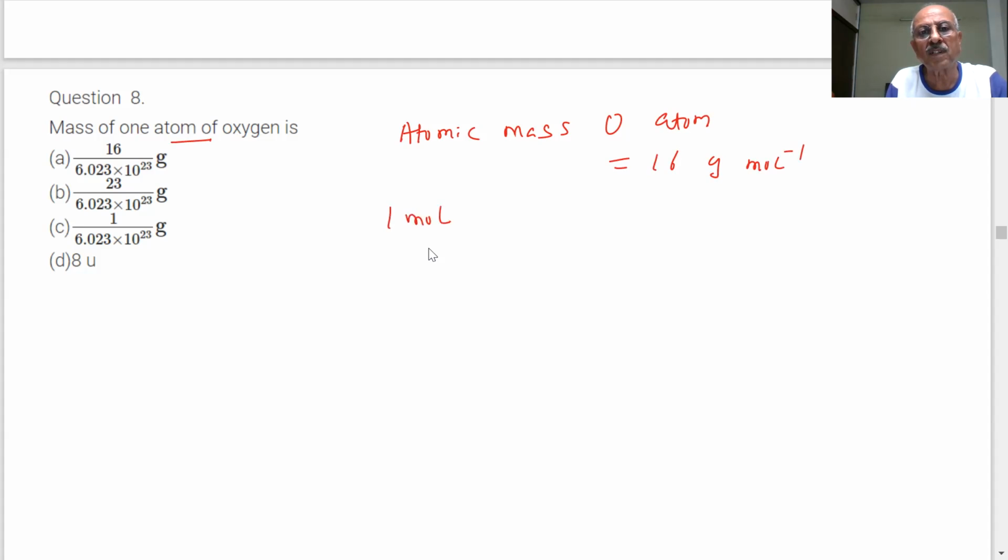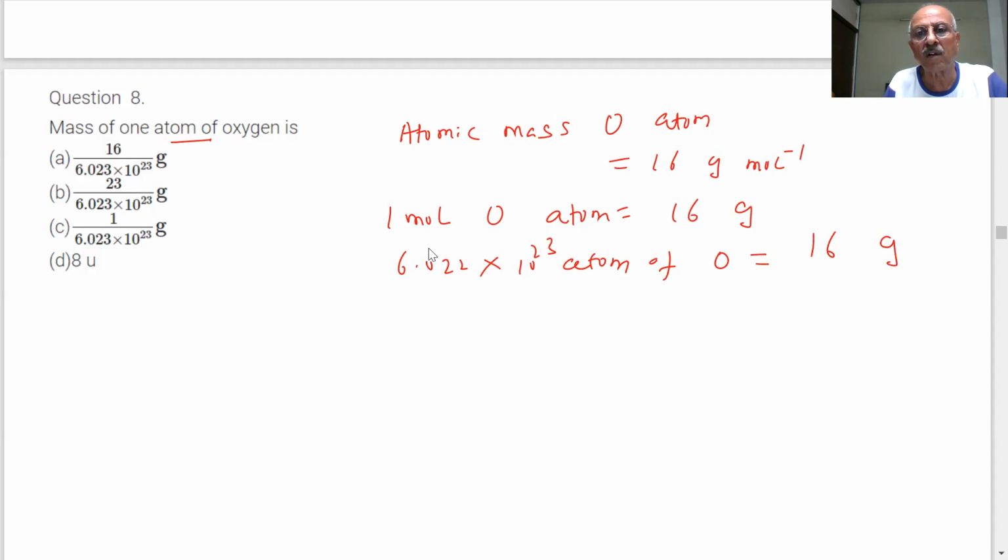1 mole of oxygen atoms is how much? 16 gram. And what is 1 mole? 6.022 into 10 power 23 atoms of oxygen will weigh 16 gram.